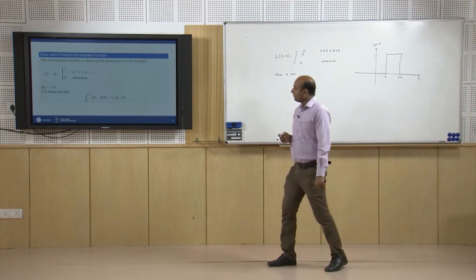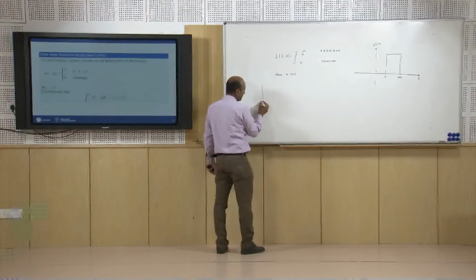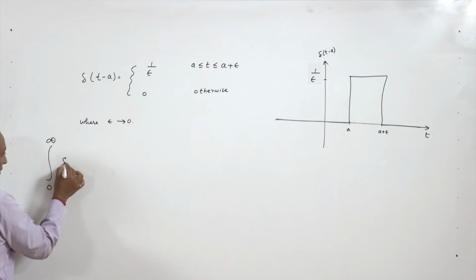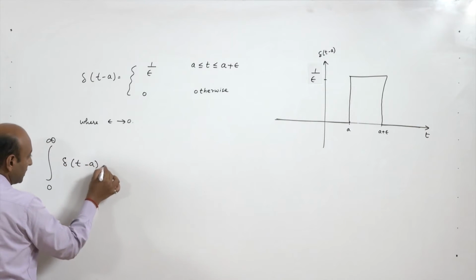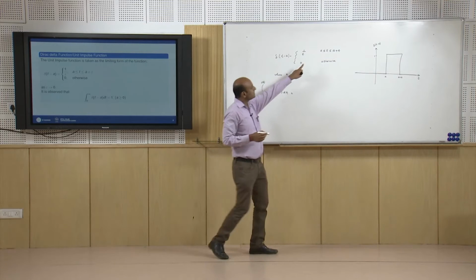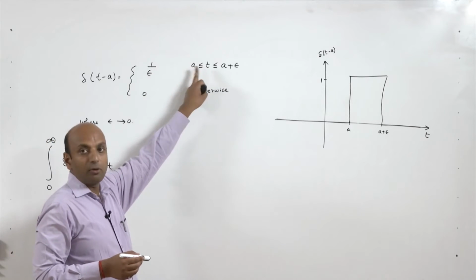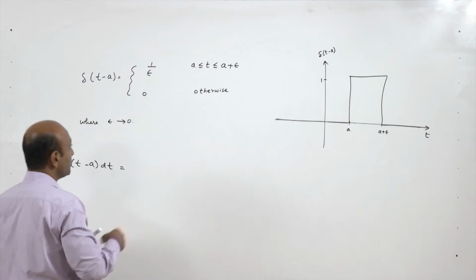Now, the important property of the Dirac delta function is that the integration from 0 to infinity of the Dirac delta function is always 1. That we can easily show. According to the definition, it is 1 by epsilon when t varies from a to a plus epsilon, and 0 otherwise.